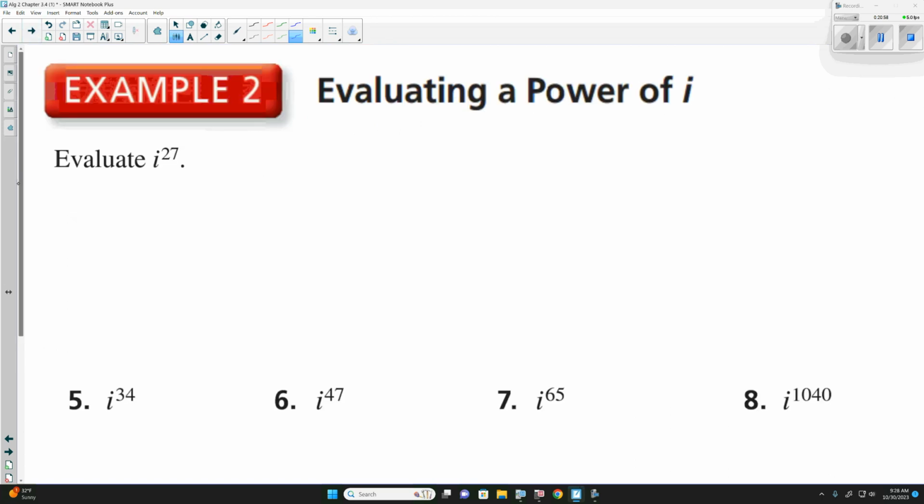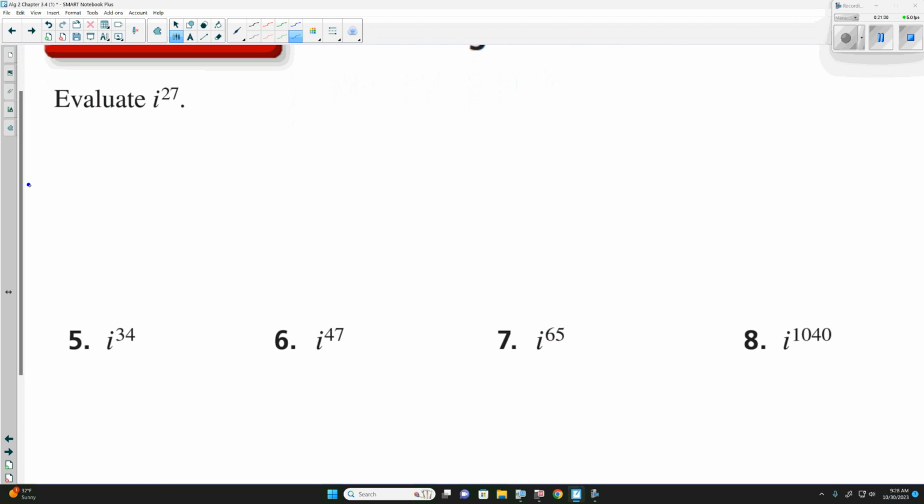Now, this will make more sense when we actually start evaluating. So if I want to evaluate I to the 27th, what I'm going to do is take 27, its power, and divide by 4. Because we have 4 different options for this here. It's going to either land on I, negative 1, negative I, or 1.